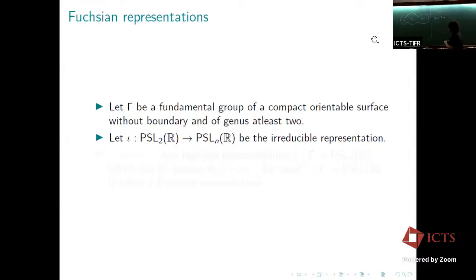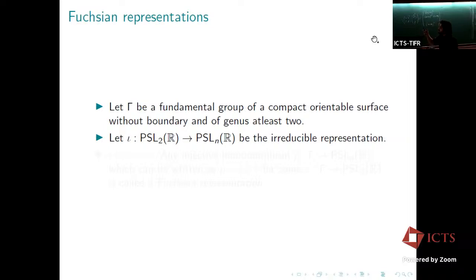To give a computational way of how it acts: this iota of the matrix A, B, C, D acts on these polynomials or monomials as (ax plus by) to the n, (ax plus by) to the n minus 1 times (cx plus dy), and so on, up to (cx plus dy) to the n. So this is the irreducible representation.